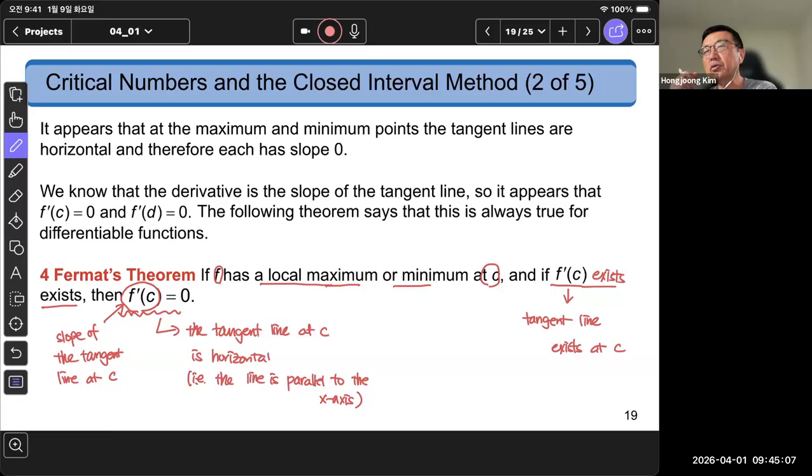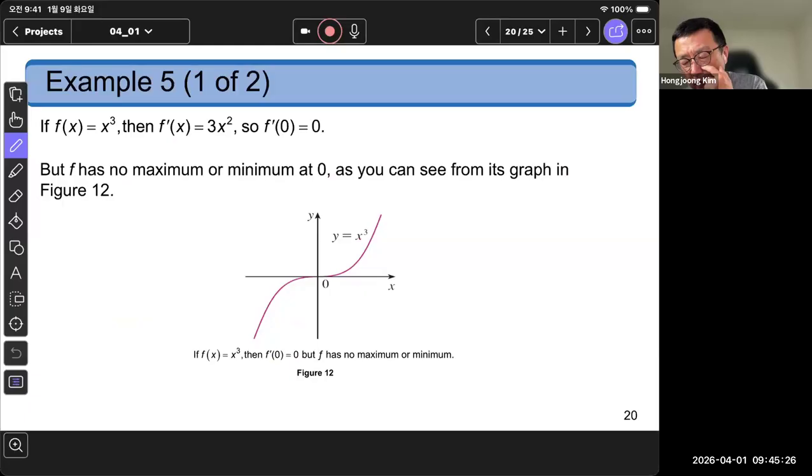Okay, we have this nice theorem. Then one question you may ask will be, okay, then how about the opposite? If the tangent line is horizontal, is there a local extremum? Before we consider that converse, let us think about some examples. So if f of x is x cubed, f prime of x is 3x squared.